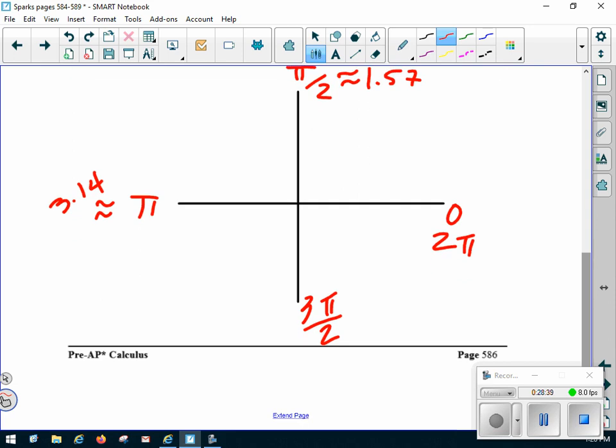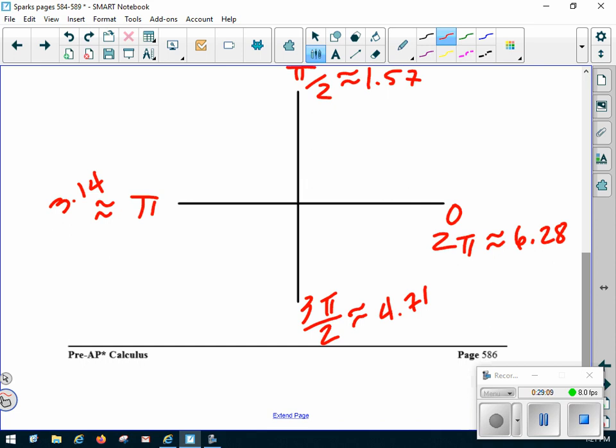What's 3 pi divided by 2? 4.71. 2 pi? This might help you. We got 2.97 something, less than 3.14. So we know that angle's in quadrant 2.